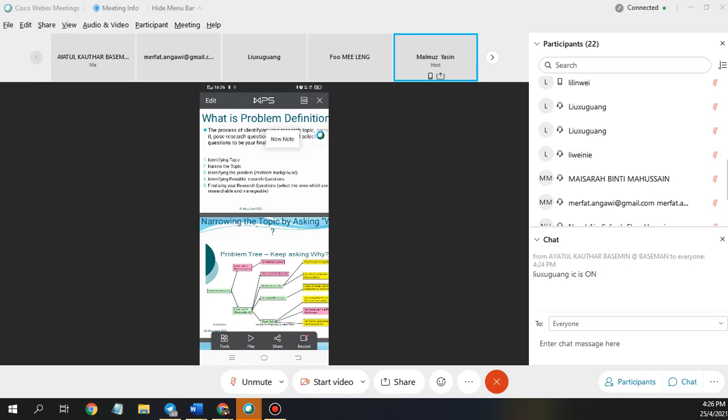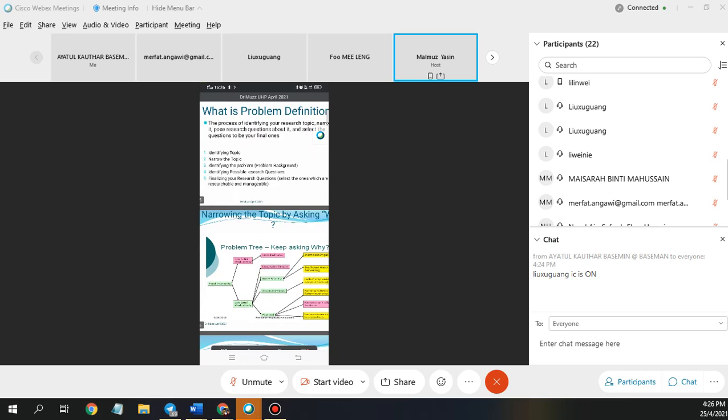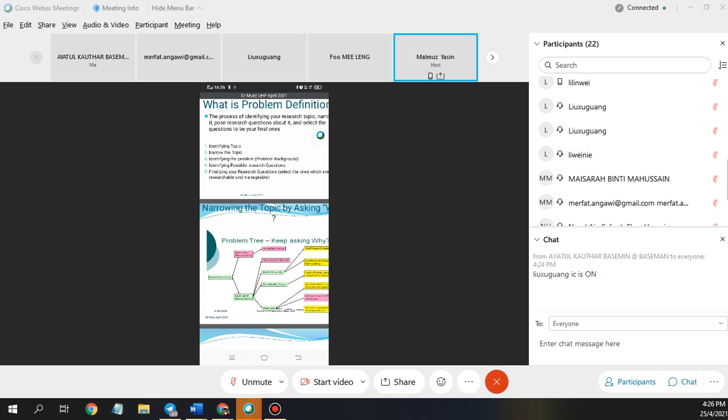As I mentioned, maybe you need at least 20 pages on the problem background, maybe subdivided into a few subtopics, let's say 4 subtopics: 1.2.1, 1.2.2, 1.2.3, and then 1.2.4. And then you come up with your research questions based on those. The easiest way is that the research questions should come from the issues.